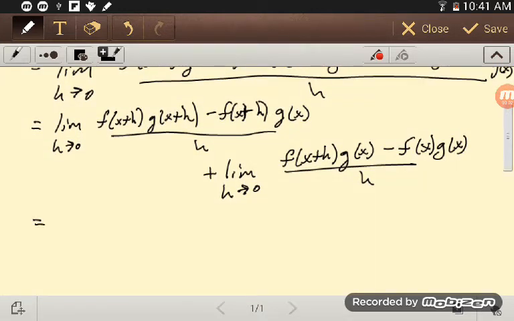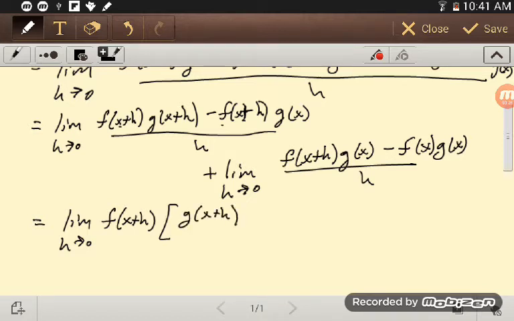And so then, I can factor out, in this first case, the f of x plus h. That's in both of those. So this is the limit as h goes to 0 of f of x plus h times g of x plus h minus g of x all over h, and then plus, now in this case I can factor out the g of x here, and actually that doesn't have an h in it, so I can pull that clear out of the limit if I wish.